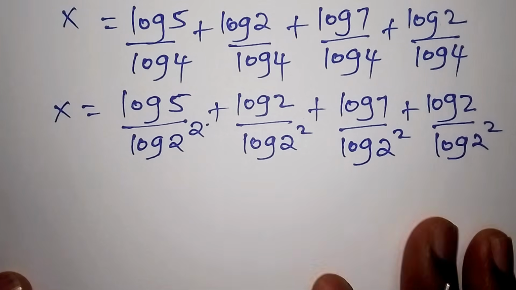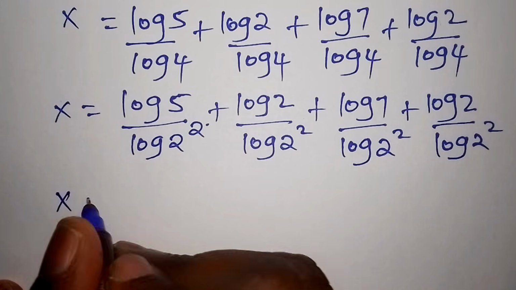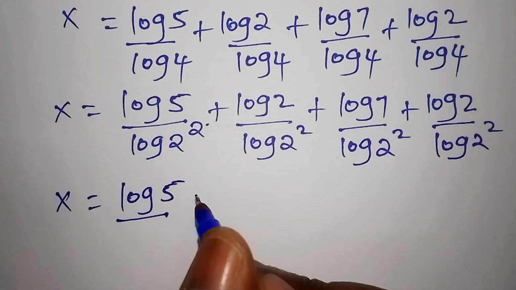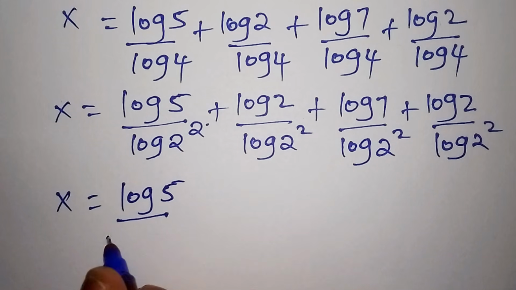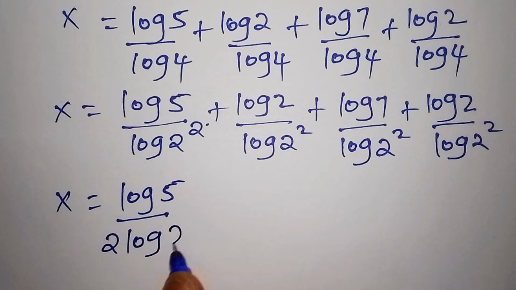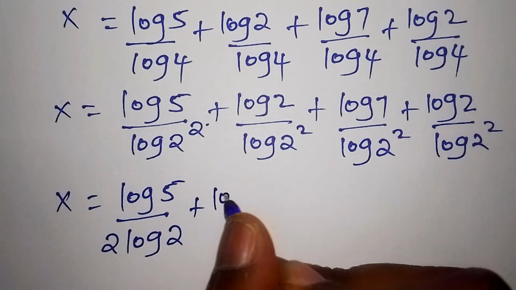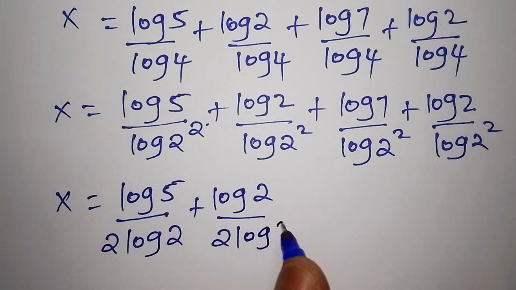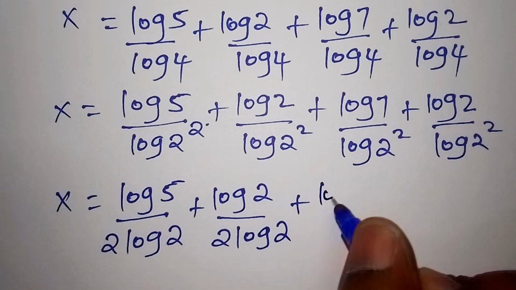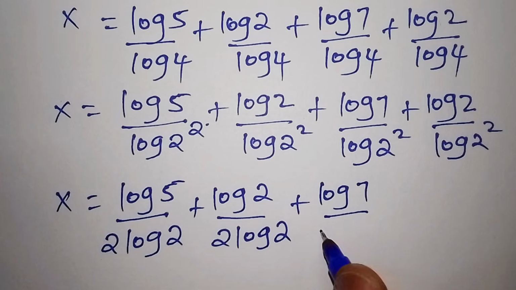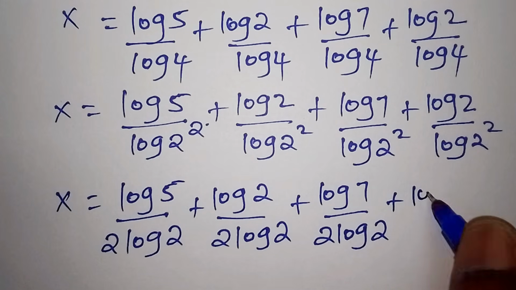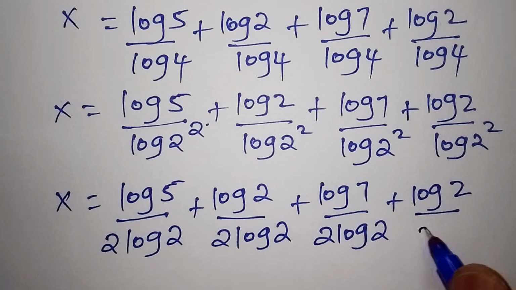Next, x is equal to log 5 all over 2, the log of 2, plus log 2 all over 2, the log of 2, plus log 7 all over 2, the log of 2, plus log 2 all over 2, the log of 2.